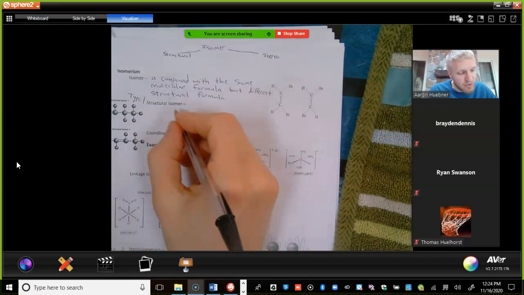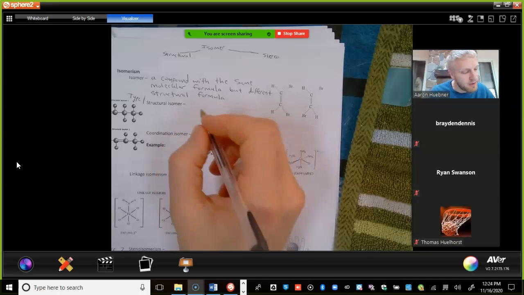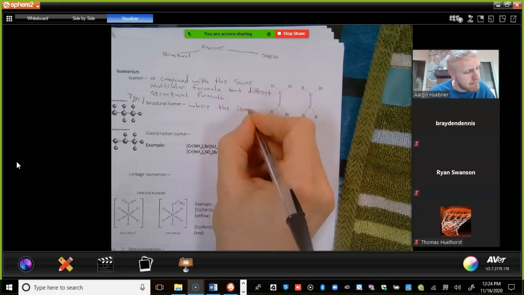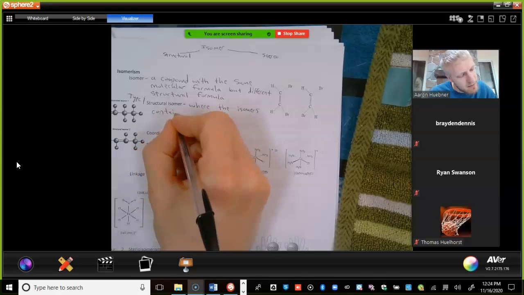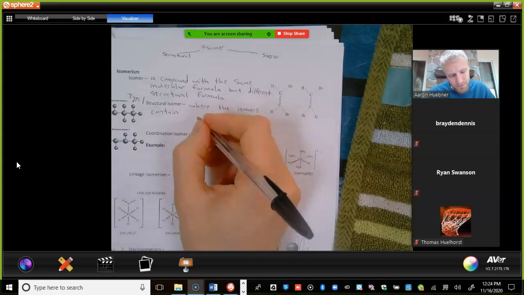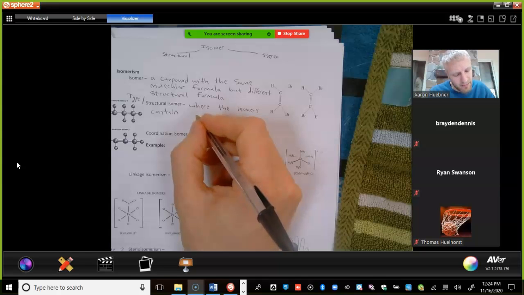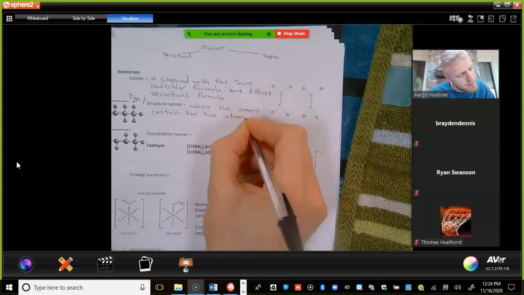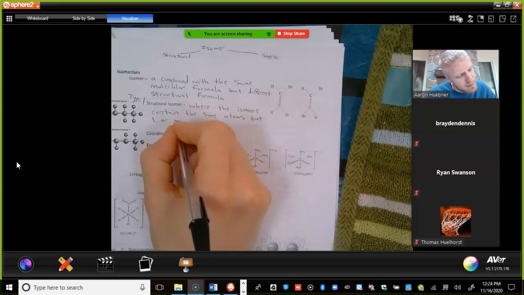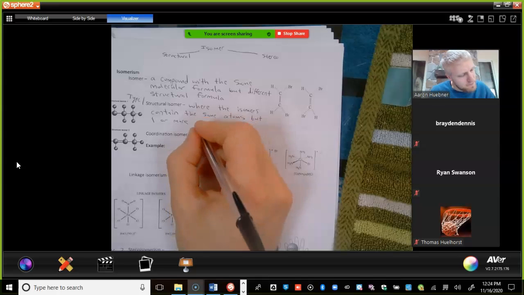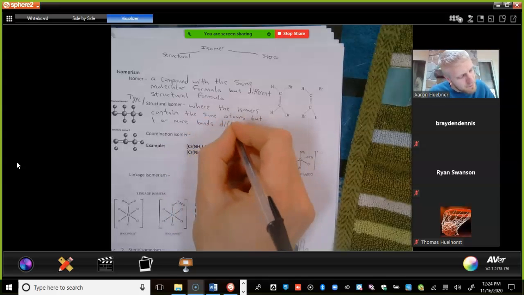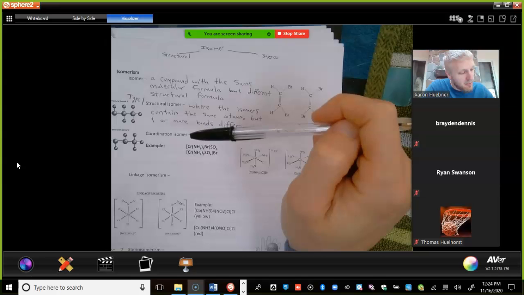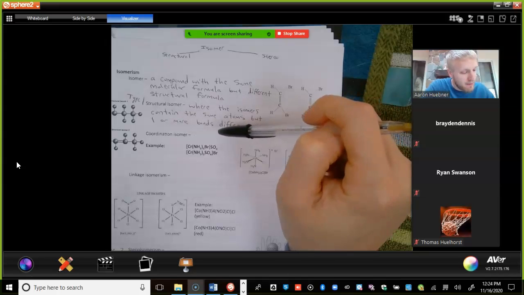So a structural isomer is going to be where the isomers contain the same atoms, but 1 or more bonds differ.